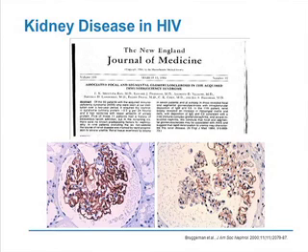But with the advent of effective antiretroviral therapy, prolonged survival, more and more classic kidney disease risk factors like hypertension and diabetes, we see much more indolent forms of kidney disease and, thankfully, much fewer cases of HIVAN today than we did at the beginning of the epidemic.